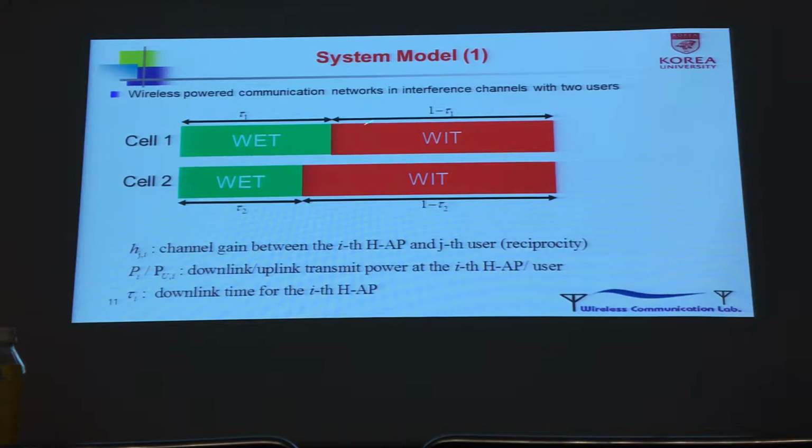In the downlink, the energy is harvested at the mobile device, and in the uplink, based on the harvested energy, the data is transmitted back.